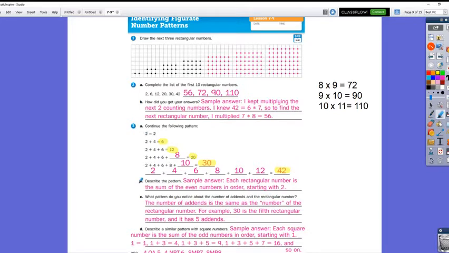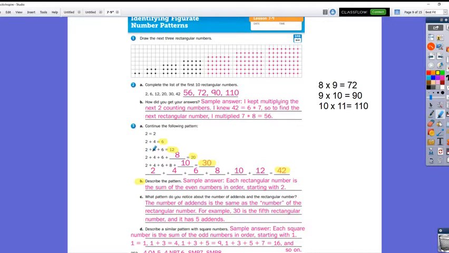Let's look at 3B. Describe the pattern. Each rectangular number is the sum of the even numbers in order, starting with 2, right? So we have 2 here, and then we add the next even number to the 2, and that'll give us 6. Then we have the 2 and the 4, and we add the next even number, which is 6, and we get the 12.